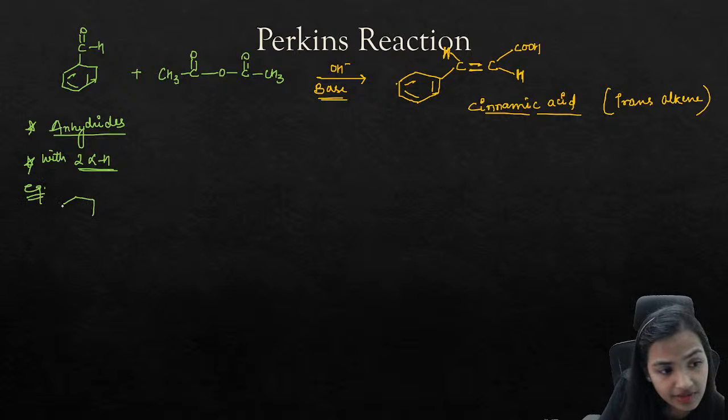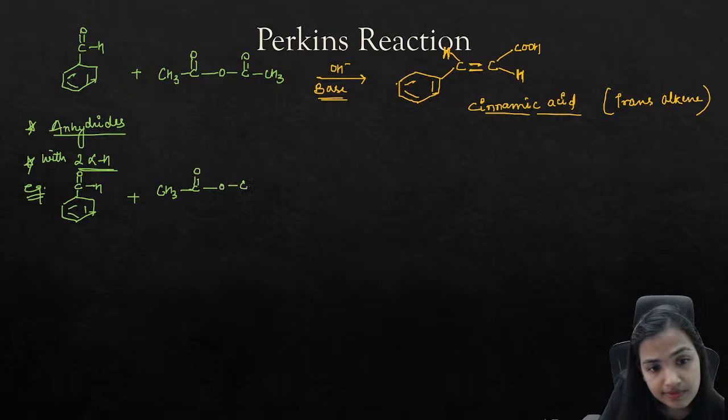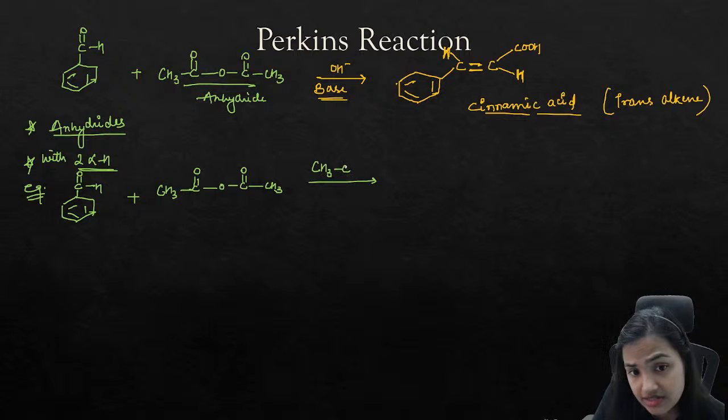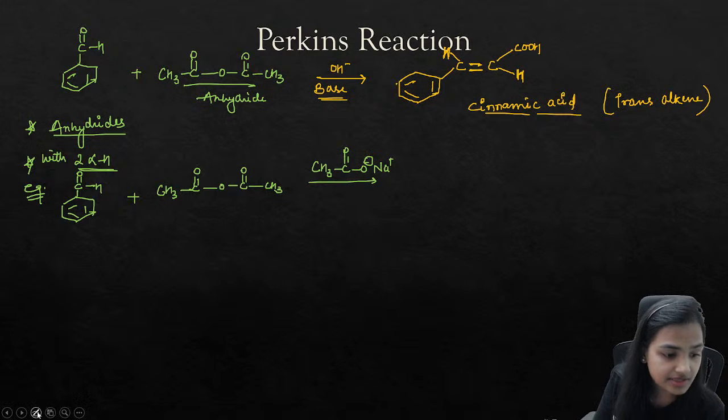If I have benzaldehyde along with the anhydride, this is your anhydride. In the presence of a base like CH3COO negative Na positive, any base will work. So here I am taking this as a base.